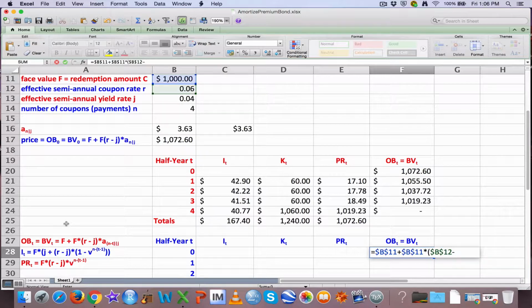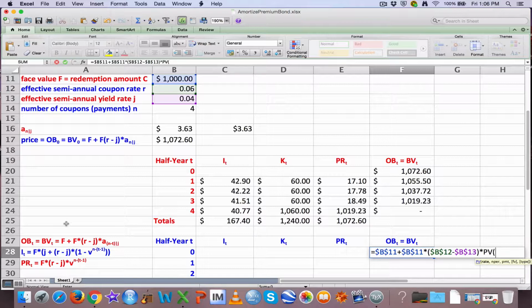I'm using all fixed references here. Minus J, which is in cell B13, times A n minus t at j. Okay, it might be most useful to use the PV function now.